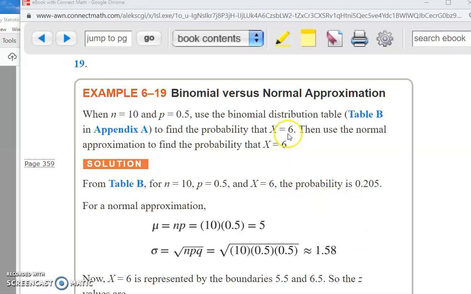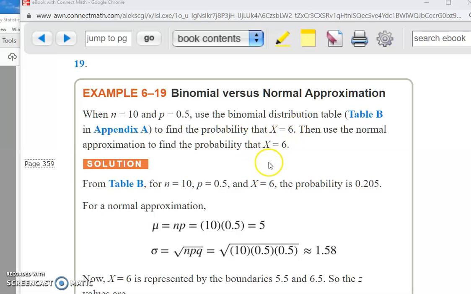All right, so here's example 6-19, the binomial versus the normal approximation. So binomial is the exact answer. Normal distribution is the approximate answer. So he says n is equal to 10, p is 0.5. We're going to use the binomial distribution table, which I'm not 100% sure we've talked about before, but we'll do it now, to find the probability that x is equal to 6.